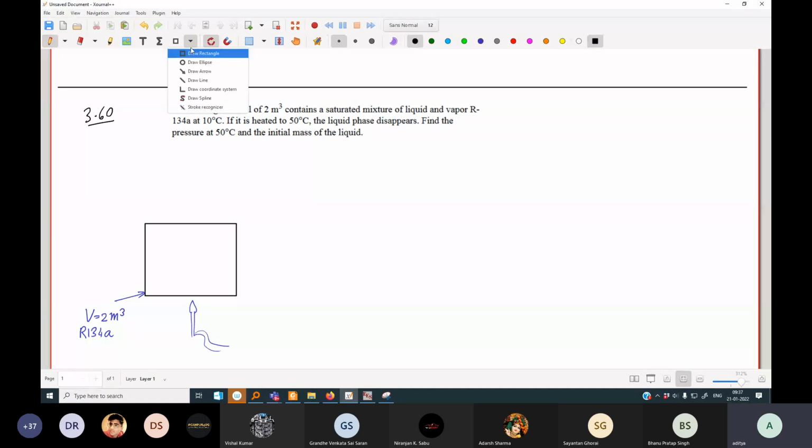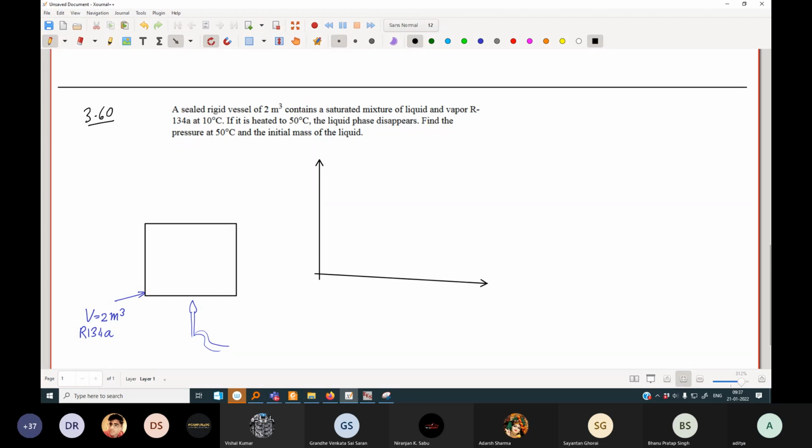So let's draw the schematic of what's going on. The initial condition is somewhere over here. This is the PV diagram.